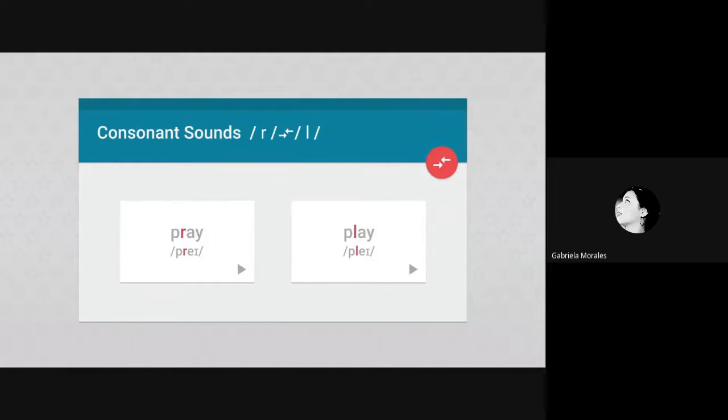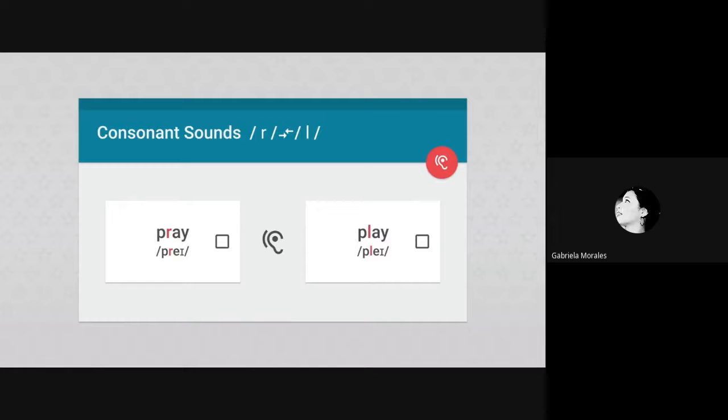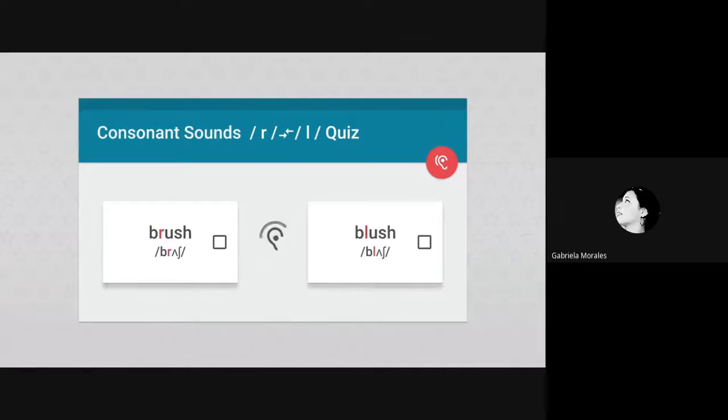Before we begin, let's check how well you can differentiate between the r and the l sounds. You'll see a pair of words on the screen and hear only one of them pronounced. For example, play. Can you guess what word you heard? Let's try a few more word pairs. Brush. Clown.